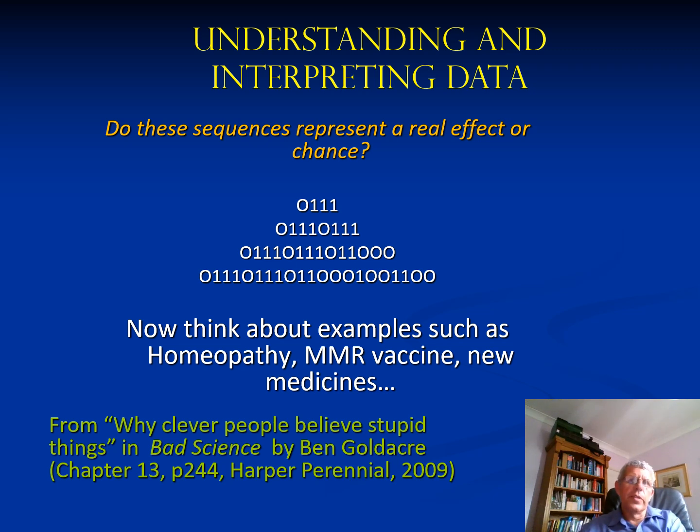So from the example of Neurosan and the prescribed drugs, what we're really trying to understand is the actual effect of these drugs. We're really trying to see whether there is a clear pattern of benefit and risk. Another way of thinking about this is by looking at this example in this slide. Imagine we've got a coin, and if it falls heads, it's a 1, and if it falls tails, it's a 0.